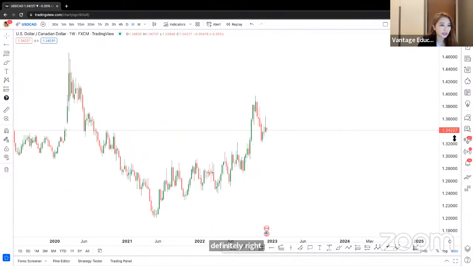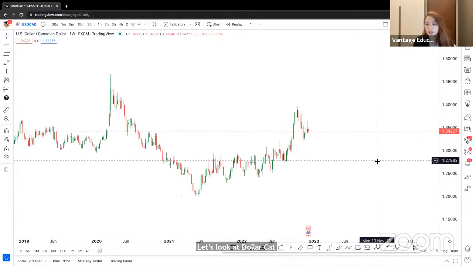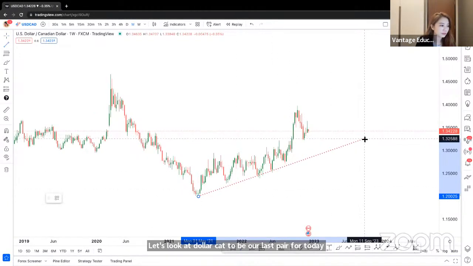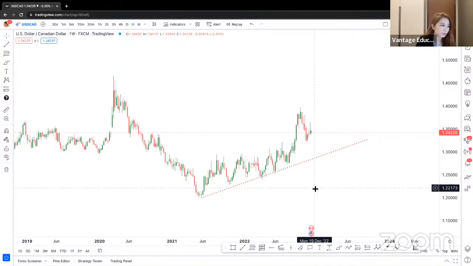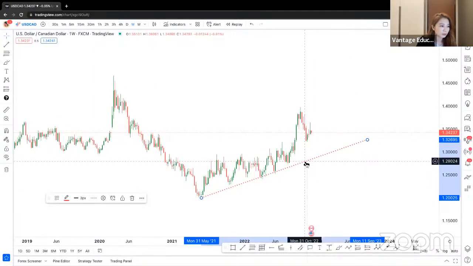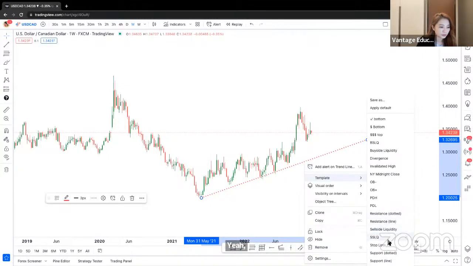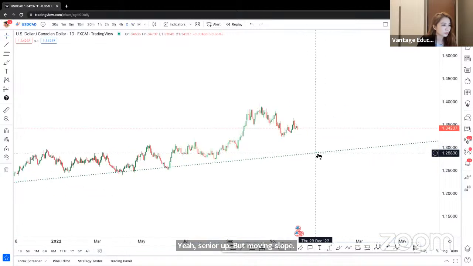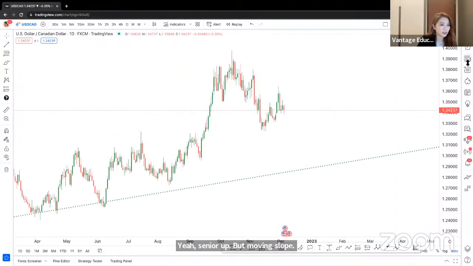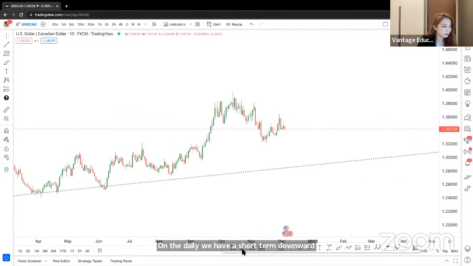Let's look at dollar cat to be our last pair for today. We are seeing an upward moving slope. On the daily, we have a short-term downward movement.